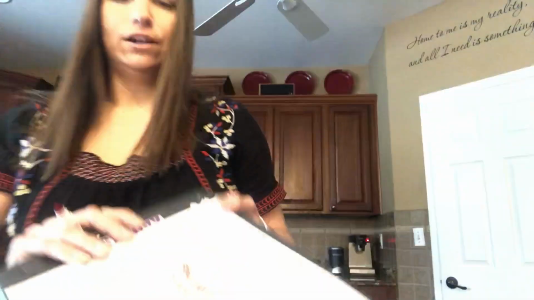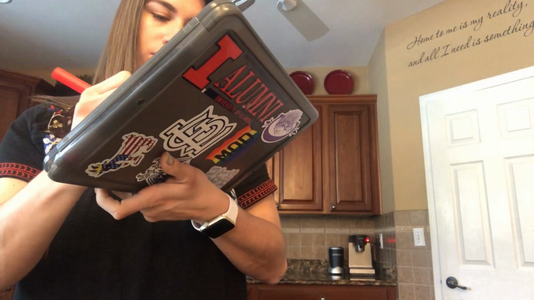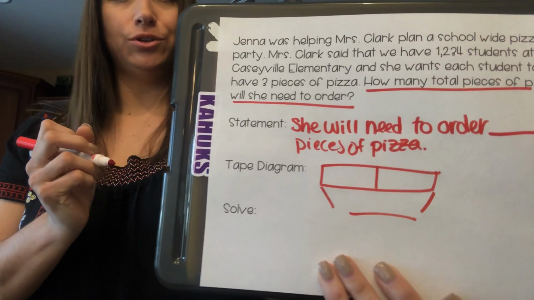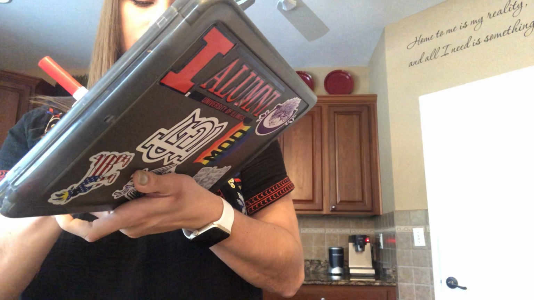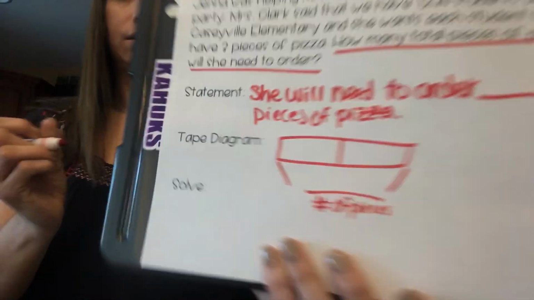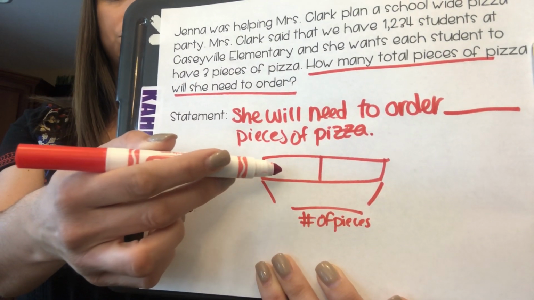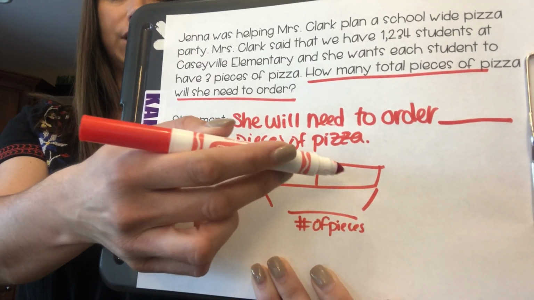All right, now for my tape diagram, same thing that we've been doing all week. We draw the 2 boxes, and then the bottom part is the total. So right now we don't know the total. That's going to be the total number of pieces of pizza. And so these up here are how many students are in the school and how many pieces each kid gets.